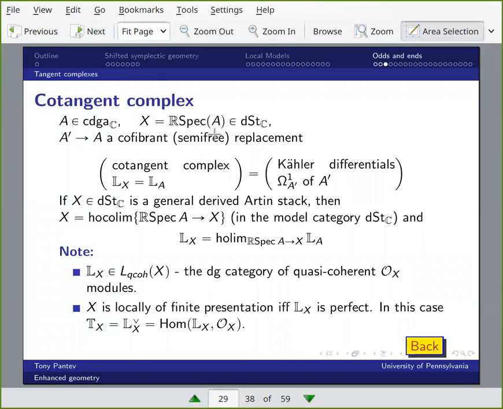So it's a commutative differential graded algebra, and it's always homotopy equivalent to a commutative differential graded algebra which is semi-free, meaning the underlying algebra that you get when you ignore the differential is a free algebra, or polynomial algebra, on finitely many generators in each degree.